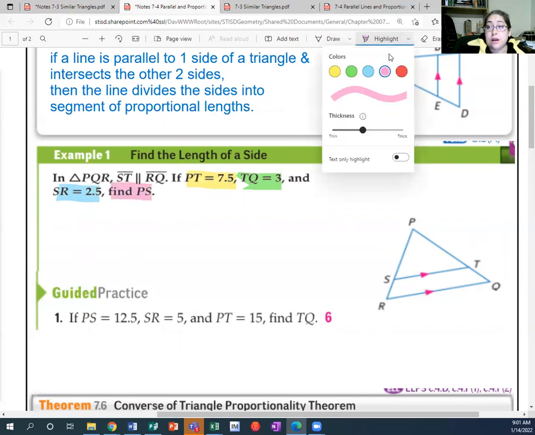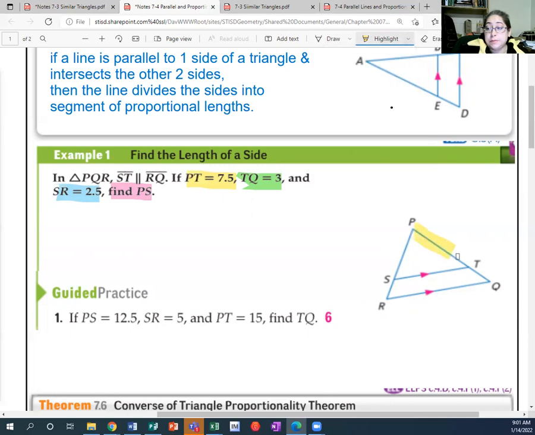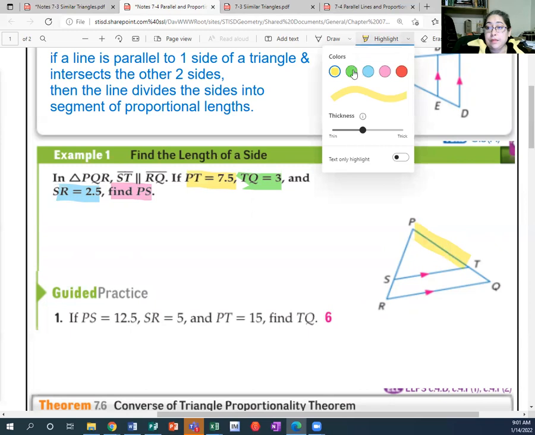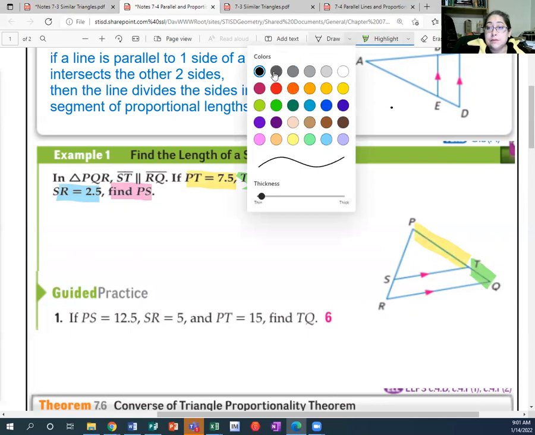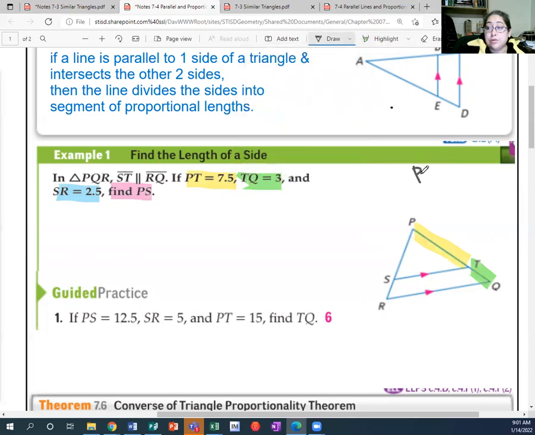Okay, we've got a lot going on. I put colors on everything. Let's go ahead and find where things are. Here's PT, here's TQ, which means that from P to Q is whatever we get when we add PT, the yellow, to TQ, the green.